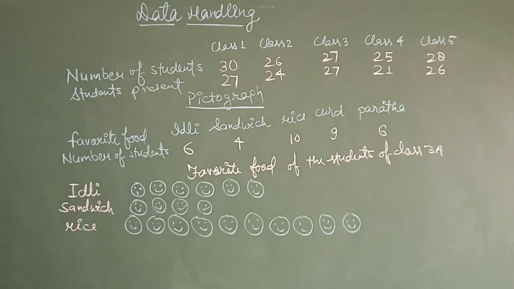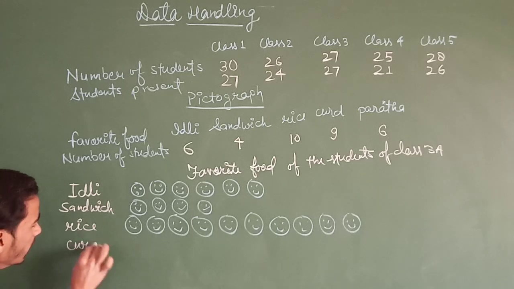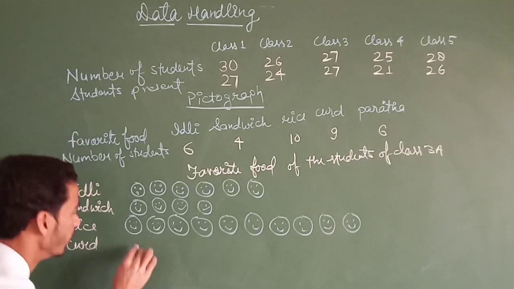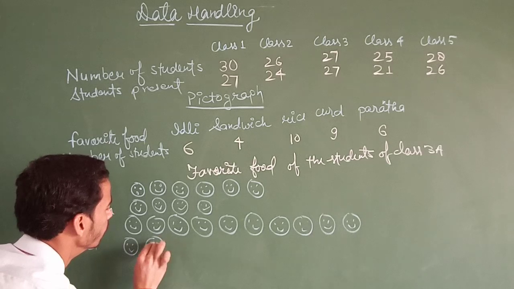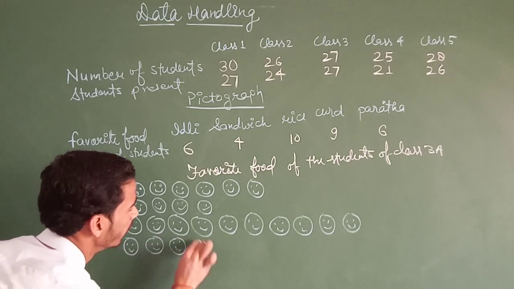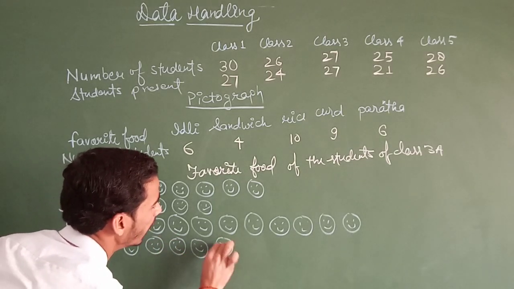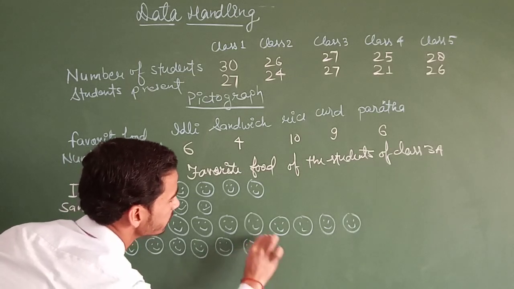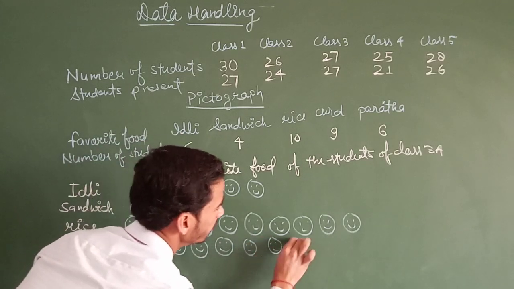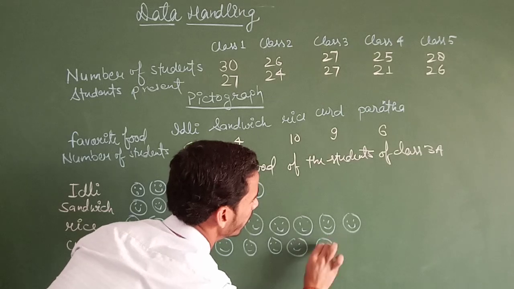There are 10 students in rice, and there are 9 students for curd. See, the curd has 9 students. 1 2 3 4 5 6 7 8 9.